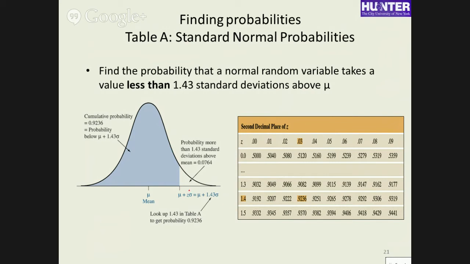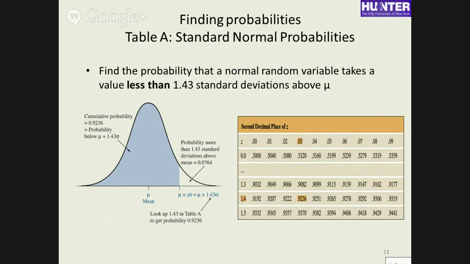If we want the probability of observing a height that is less than 1.43 standard deviations above the mean, then we'd have to use a table. In this case, this is a left tail probability like shown here.